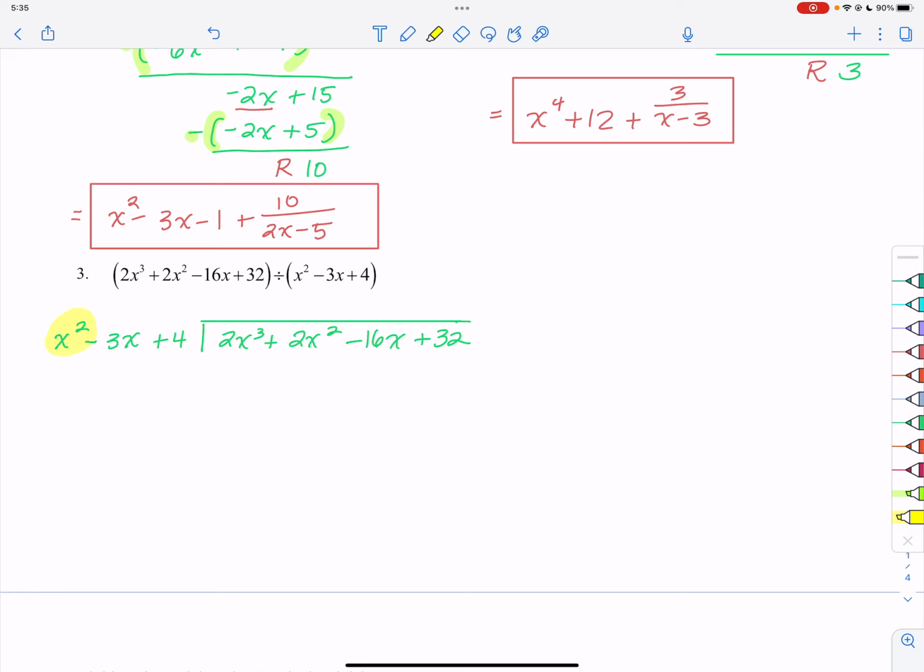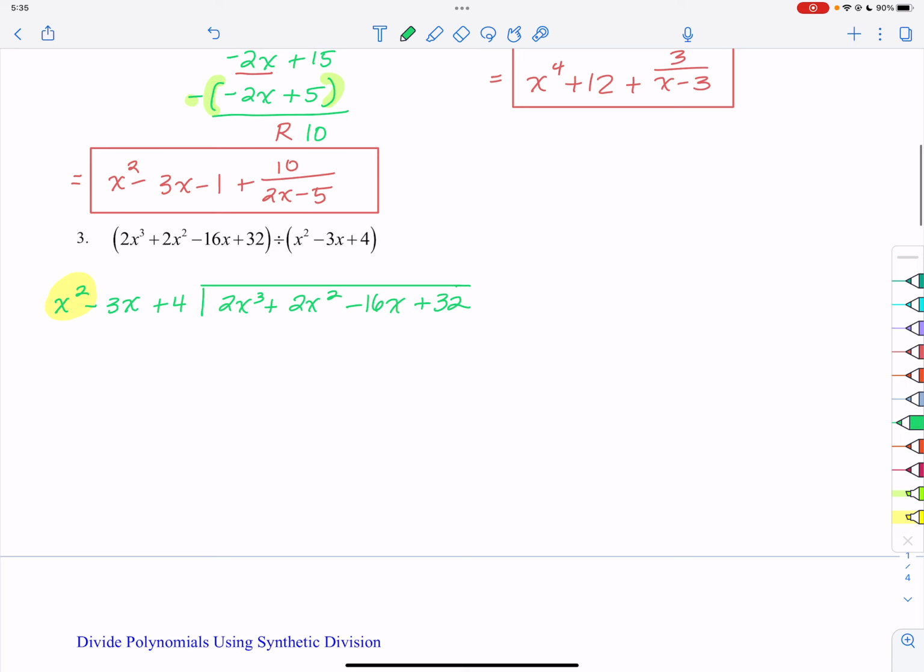So we go ahead and we'll need to multiply x squared by a 2x to arrive at 2x cubed minus 6x squared plus 8x. We'll subtract all of those, and we end up with 2 plus 6x squared, which is 8x squared. And then we have a negative 24x, and then we have a plus 32.